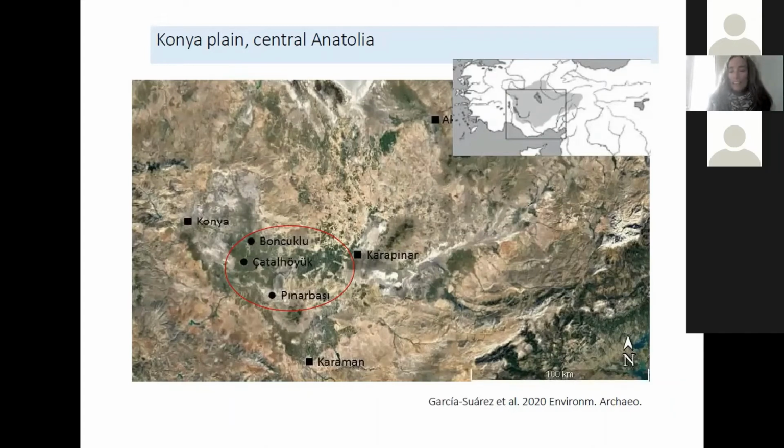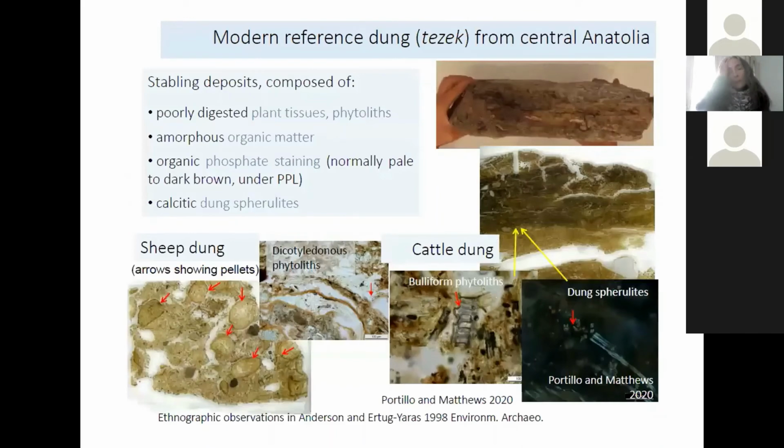And in this area, we also focus on studying dung indicators, using ethnographic materials and combining all these microfossils: the phytoliths, the dung spherulites, the calcitic remains.